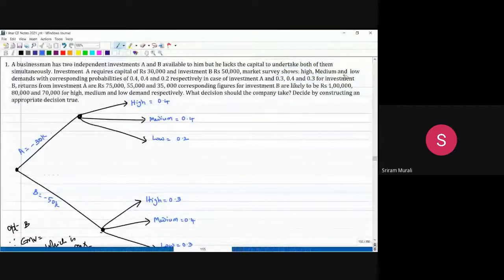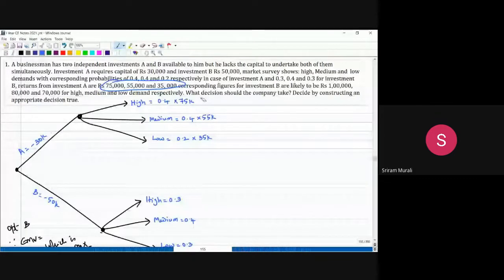So investment for A is this. This is the investment. If it is high, he will invest 75,000. If it is medium, he will invest 55,000. If it is low, he will invest 35,000. For which, what is EMV? So this is an investment.